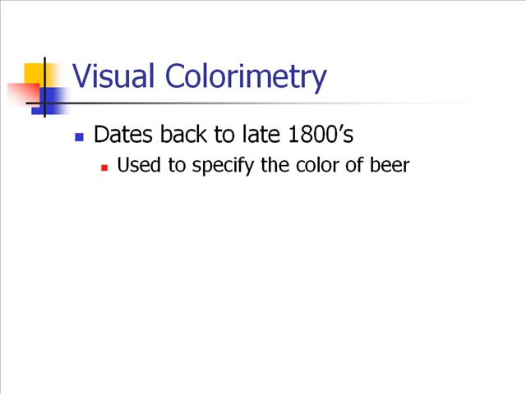It goes back to the 1800s and has to do with specifying the color of beer. So that may be of interest to some of you in this class, that you get the right color beer. That's important to manufacturers, and not only of beer, but if you go to any food manufacturer, whether it's natural foods or synthetic, processed foods, they have color standards for their products.